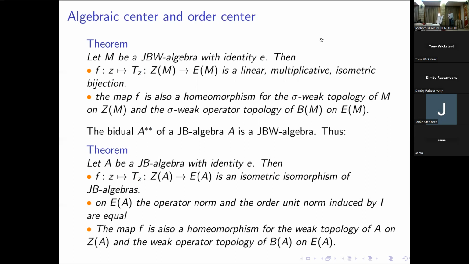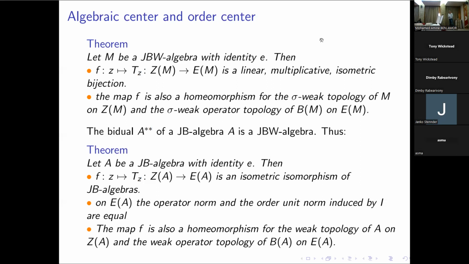This is for the JBW algebras, and I started the whole thing for the JB algebras. But then we can do some more work. We take the bidual of the JB algebra, that is a JBW algebra. We check that everything about centers and so on is compatible, and then we can get the result also for the JB algebra. So for a JB algebra with identity, we have an isometric isomorphism of JB algebras between the algebraic center and the order center.